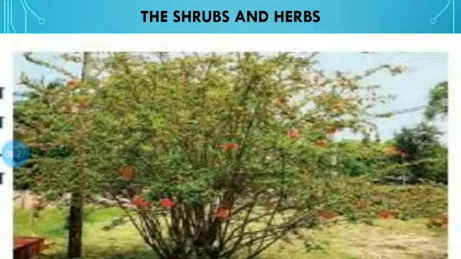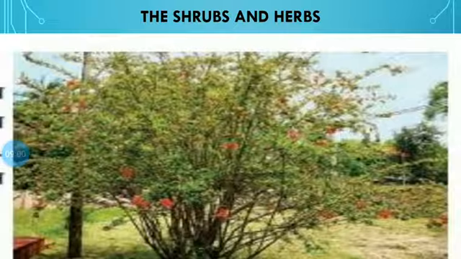Some plants grow close to the ground. They give out branches very close to the ground. They are shorter and smaller than trees, but they have a thick and hard stem. The oleander, hibiscus, lantana, croton and rose are shrubs. They may grow up to 2 to 3 meters.